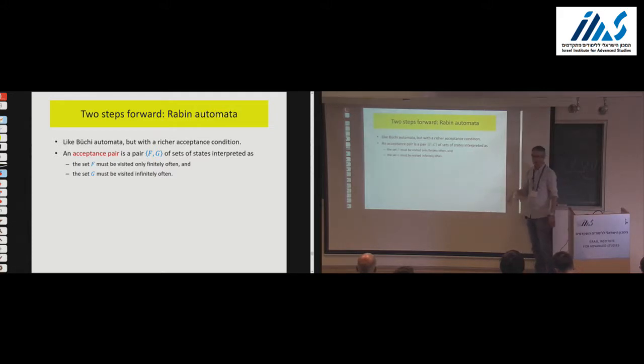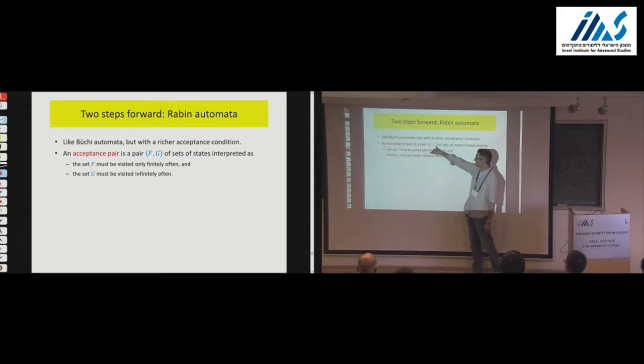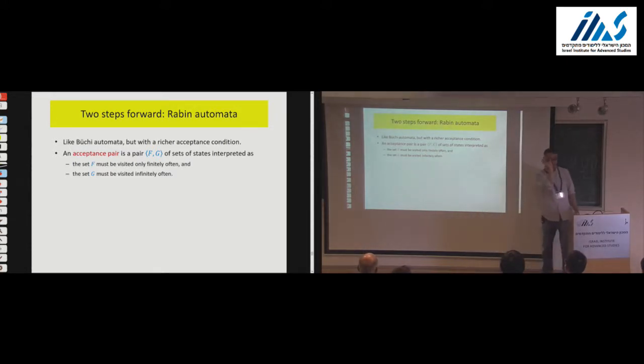For a Rabin condition, he didn't formulate it that way, but if you generalize it a little bit, what you have is a positive Boolean combination (positive is important) of conditions of the form FG, where we are saying visit this set infinitely often and visit this other set finitely often. So we replace the atomic thing that we can say, and then take a positive Boolean combination of that.